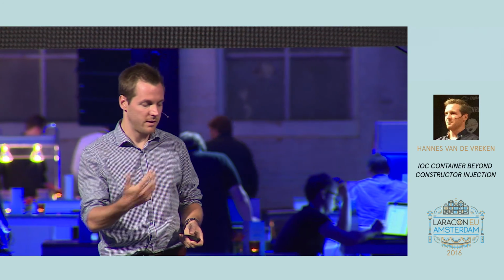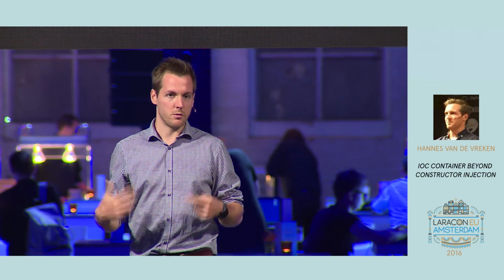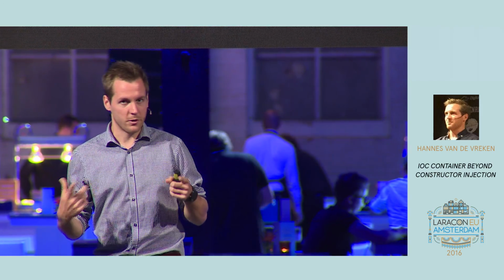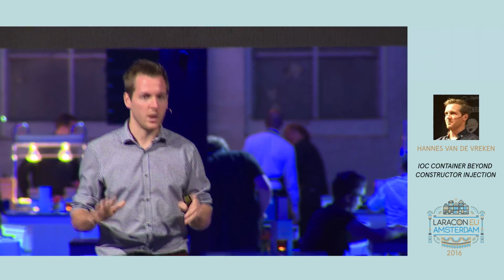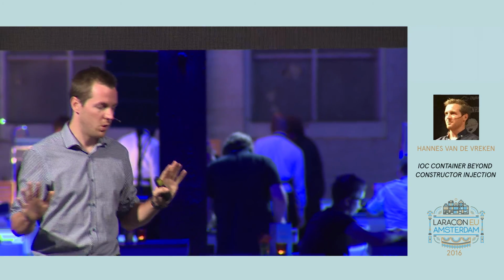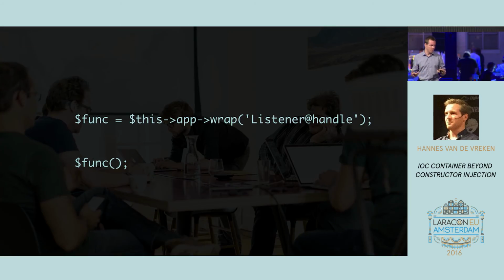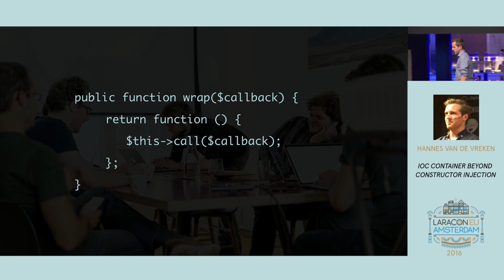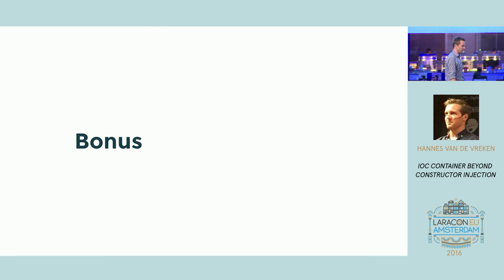But it doesn't return the result of the handle method, it will return an anonymous function that you can call without any arguments. So if you call this function, it will new up a listener and call the handle method on it. This is what it looks like. It's very simple. It just wraps it with an anonymous function and calls this->call.